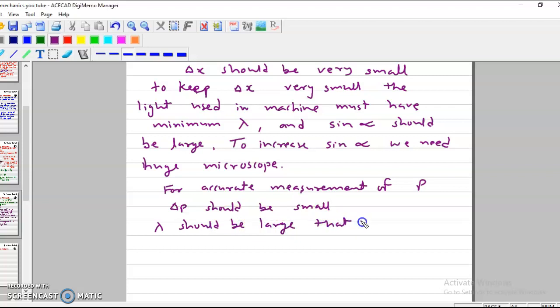That means we need microwave or radar wave or maybe radio waves to measure momentum.